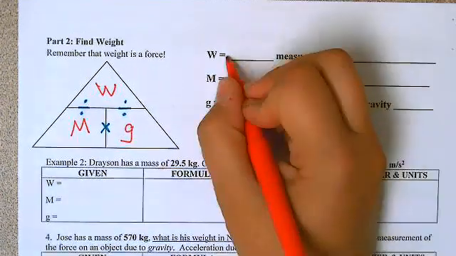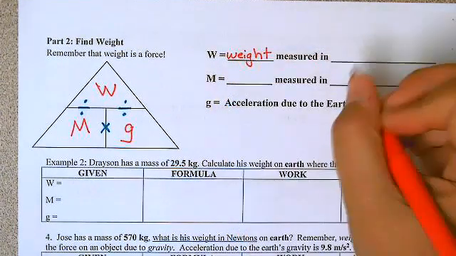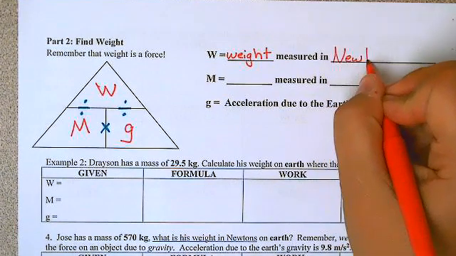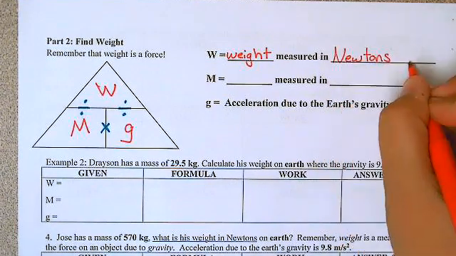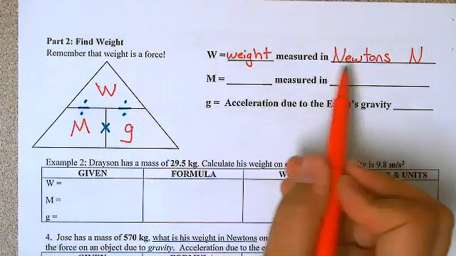Okay, so remember that weight is W. Weight is measured in newtons, represented by letter N. So if you notice from our previous formula, force equals mass times acceleration, the weight is a force.